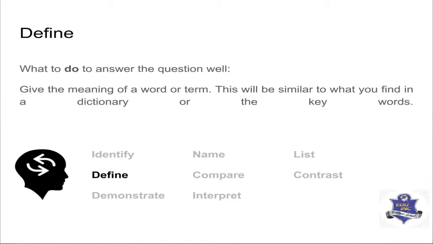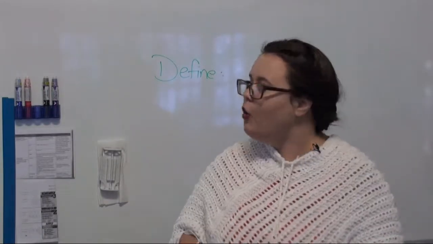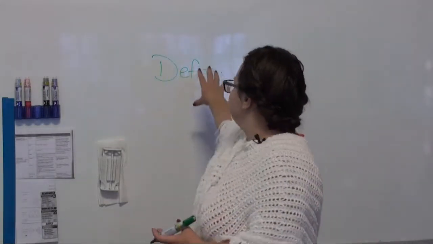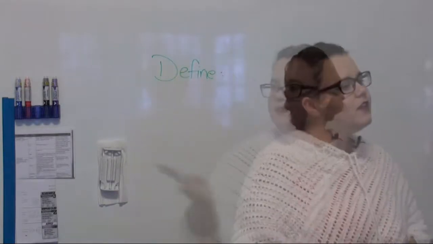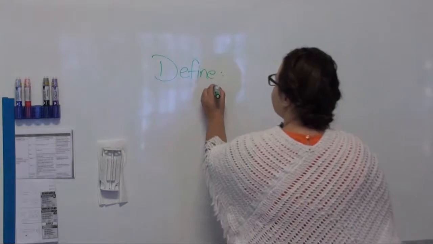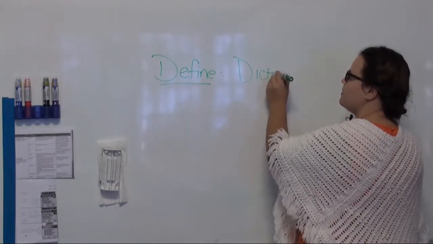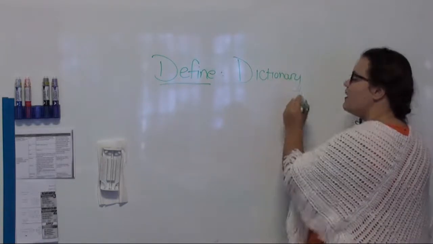You guys, I'm sure, feel very comfortable with this verb. This verb is one that you've been using quite often. What would this verb mean? What does this mean? Yes, to give the meaning. Define would be the dictionary definition in some cases. Or the keyword. Exactly.